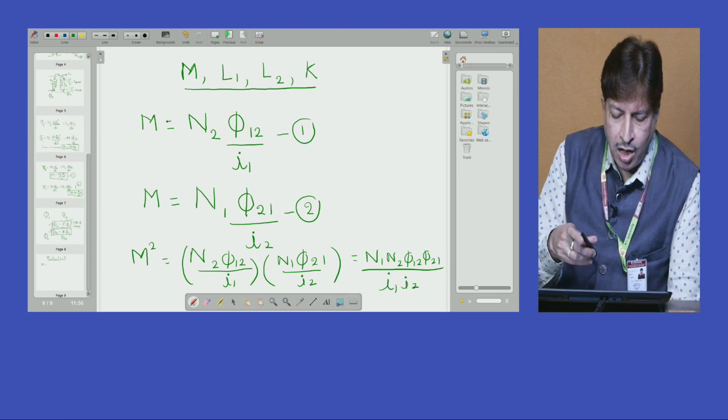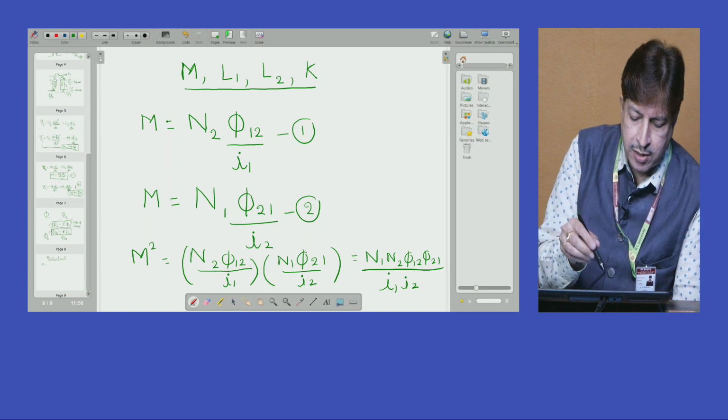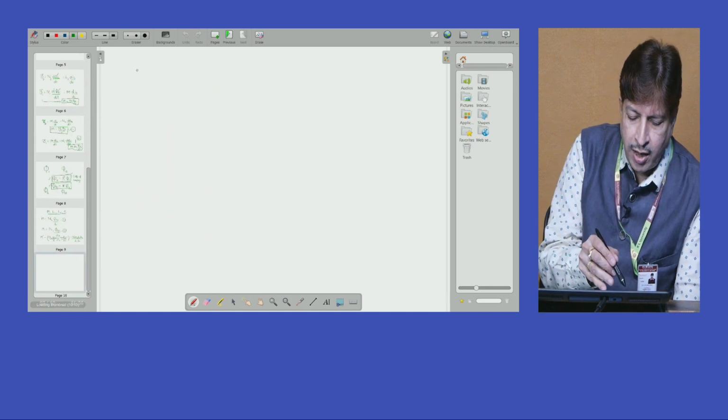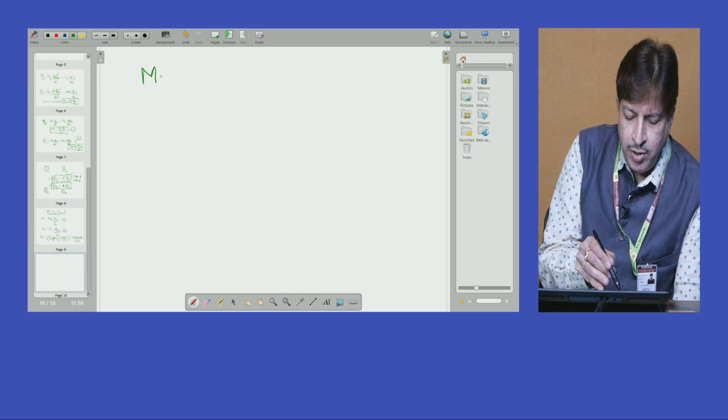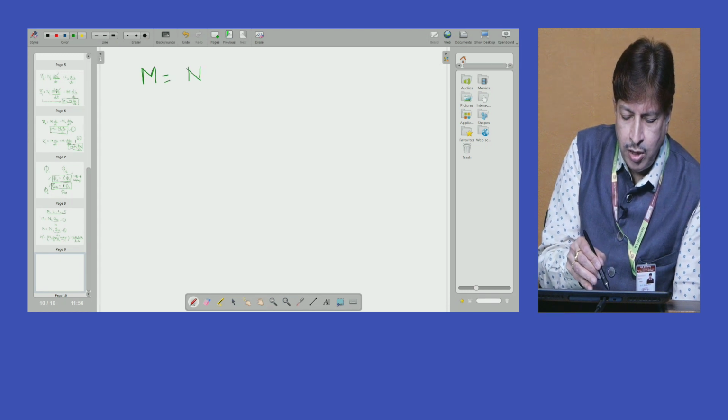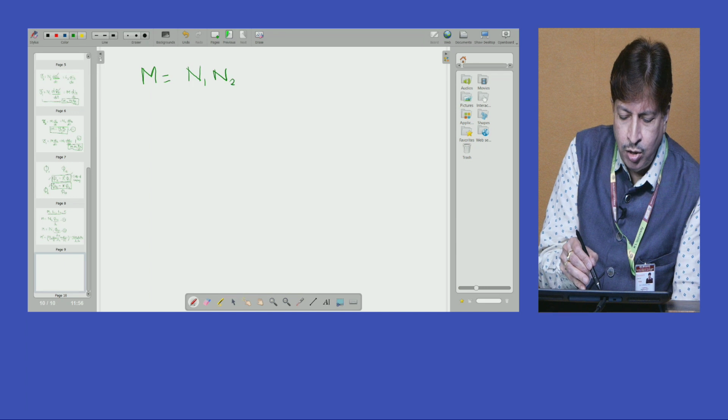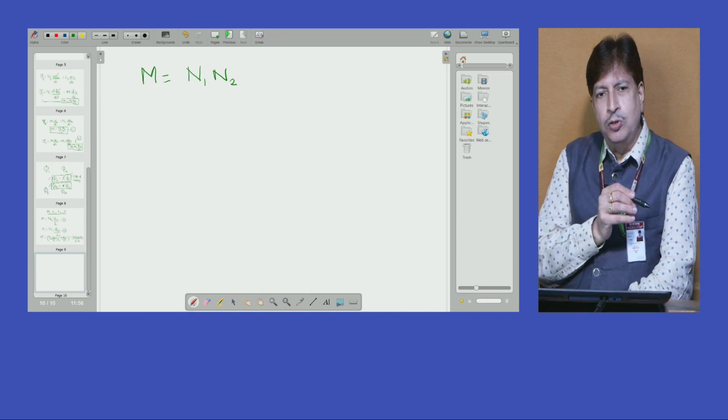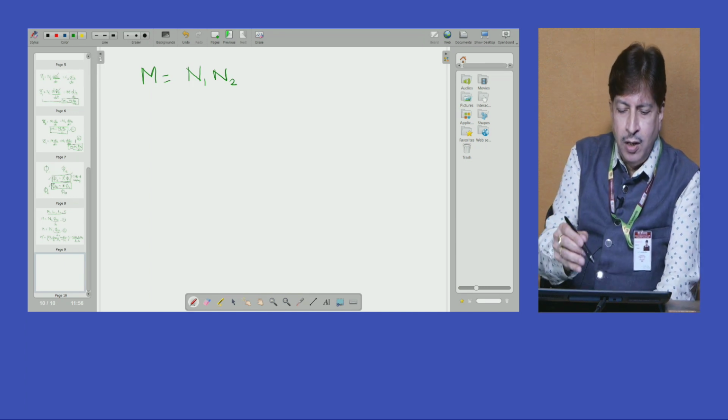Let us see how to expand it further. So what I got is M square is equal to N1 N2 phi 12 into phi 21.